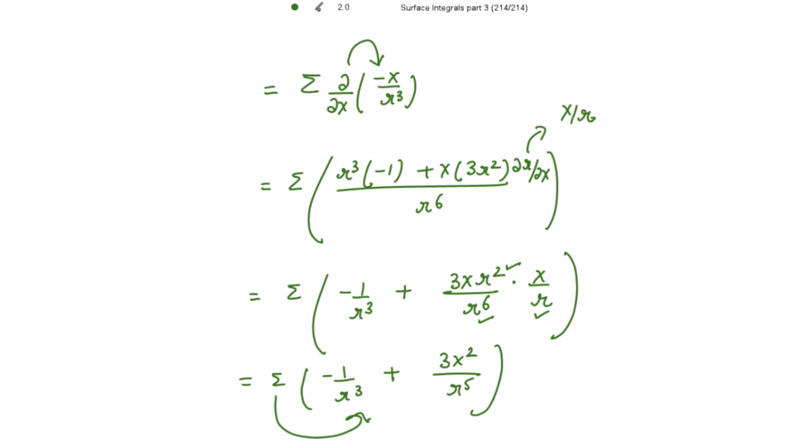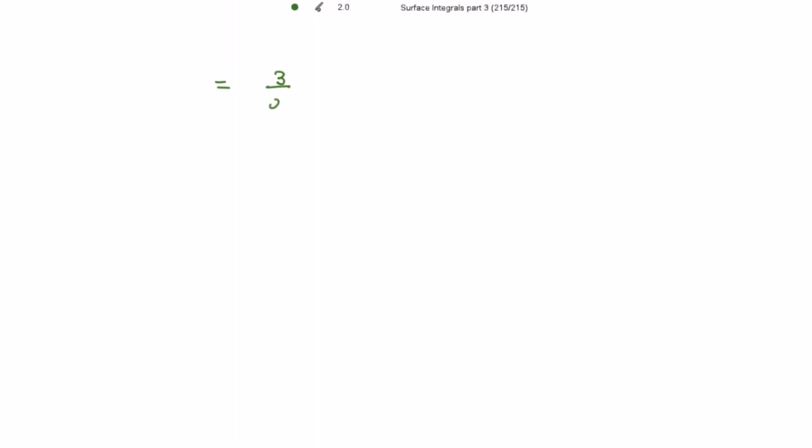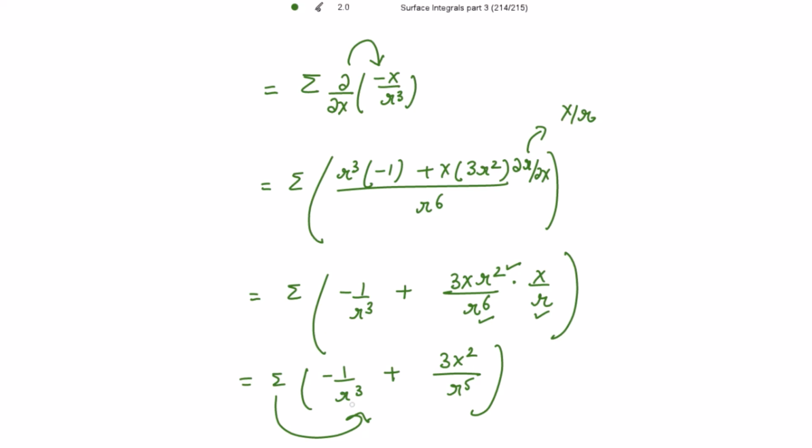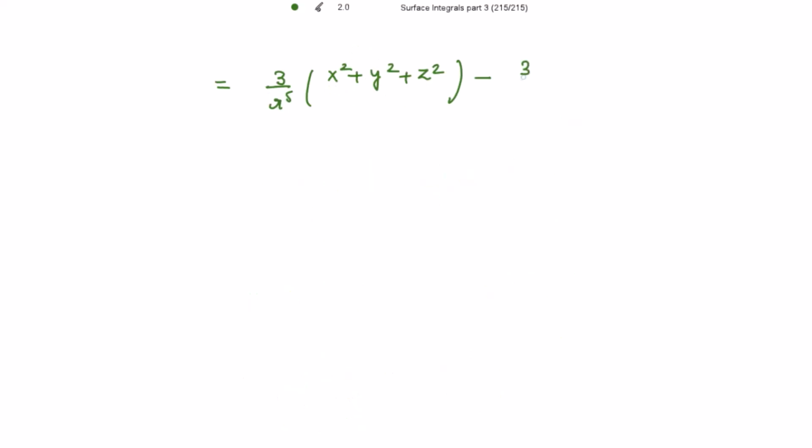We are getting 3 divided by r to the power 5 into x square plus y square plus z square, right? Minus the summation on 1 by 3. The summation on 1 by 3 becomes 3 divided by r cube, right?